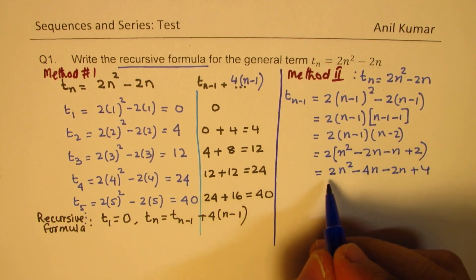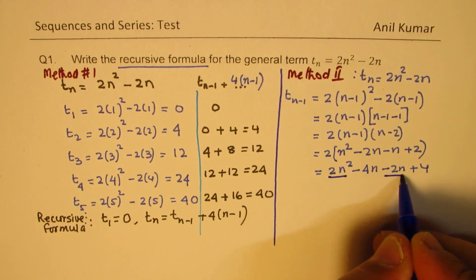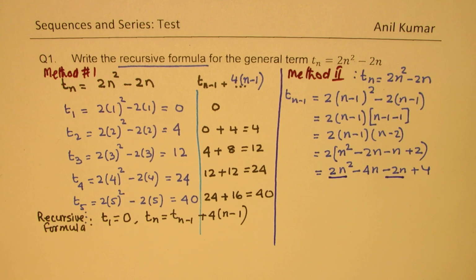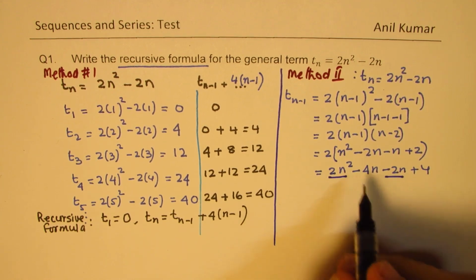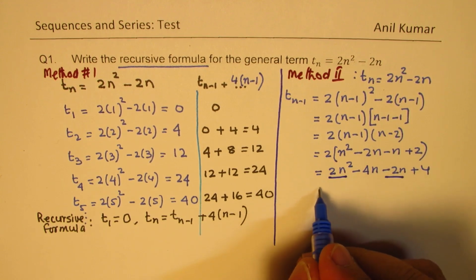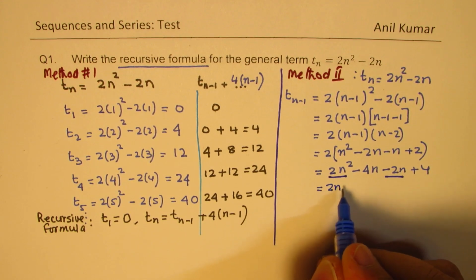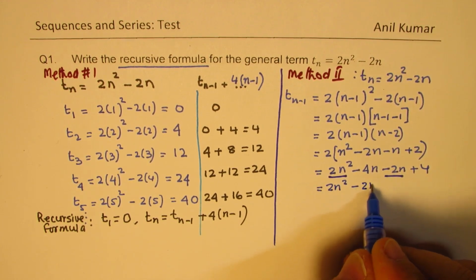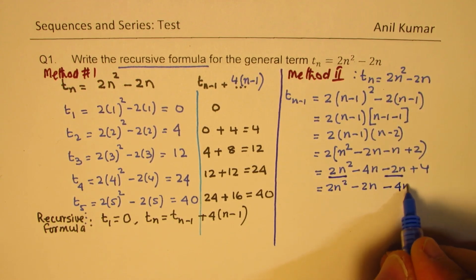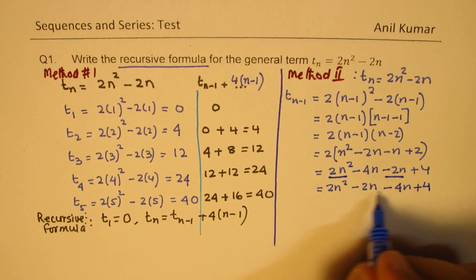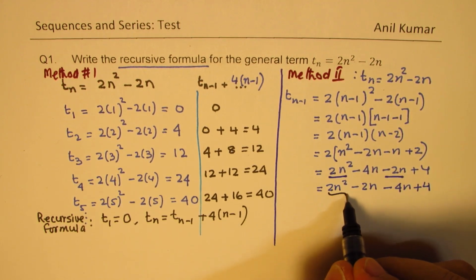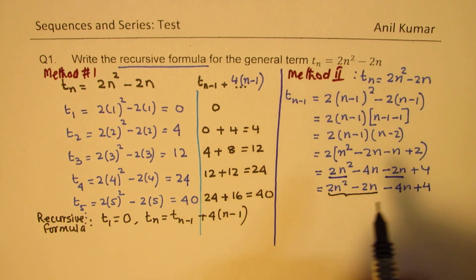Now, see, tn is 2n square minus 2n. So this 2n square minus 2n is a part of tn, correct? So we could combine these, right, and rewrite our expression as 2n square minus 2n. And here we are left with minus 4n plus 4, correct? So these two terms are tn. Do you see that?